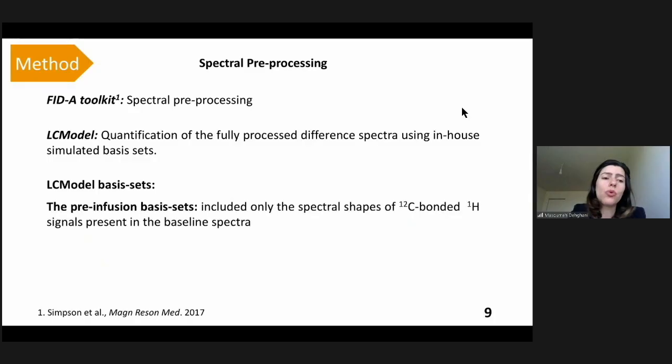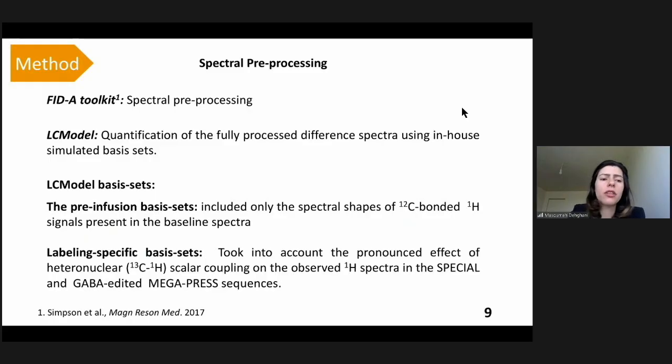We generated two LCModel basis sets: one, the pre-infusion basis set, that includes only the spectral shape of the carbon-12 bonded proton signal present in the baseline spectra, and the other a labeling-specific basis set that took into account the pronounced effect of carbon-proton scalar coupling on the observed proton spectra in the special and GABA-edited MEGA-PRESS sequences, used for quantifying the labeling difference spectra.